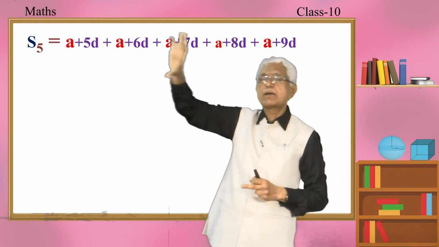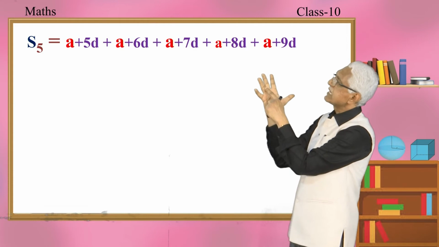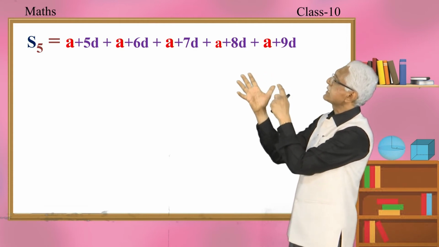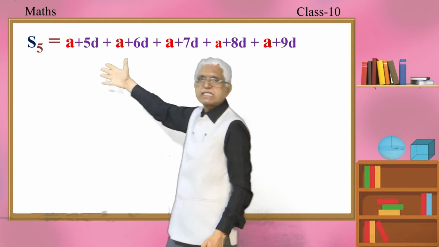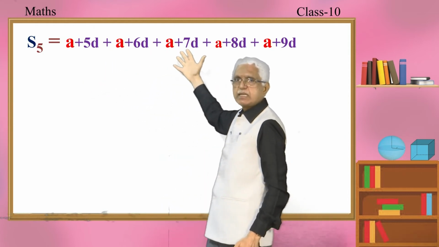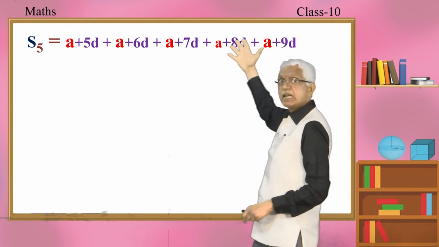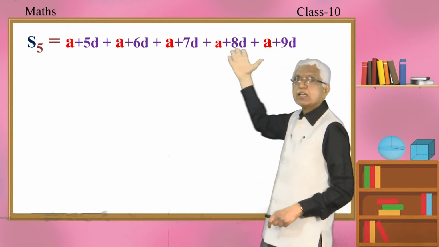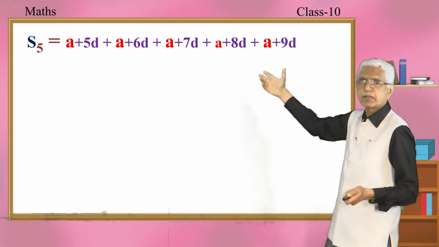So, I need the sum of the next 5. 6th term is A plus 5D, 7th term is A plus 6D, 8th term is A plus 7D, 9th term is A plus 8D, 10th term is A plus 9D. So, this is S5, the sum of the next 5 terms, okay?